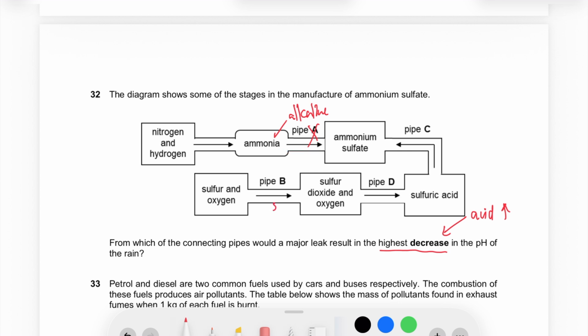This one you will form SO2, and then this one you will release sulfuric acid. So which one results in the largest decrease in the pH of the rain? What is important is the rain, so it will be D. For C, it's already sulfuric acid, so it won't really contribute to the rain, but SO2 is a gas. So the answer will be D. It will dissolve into rainwater.